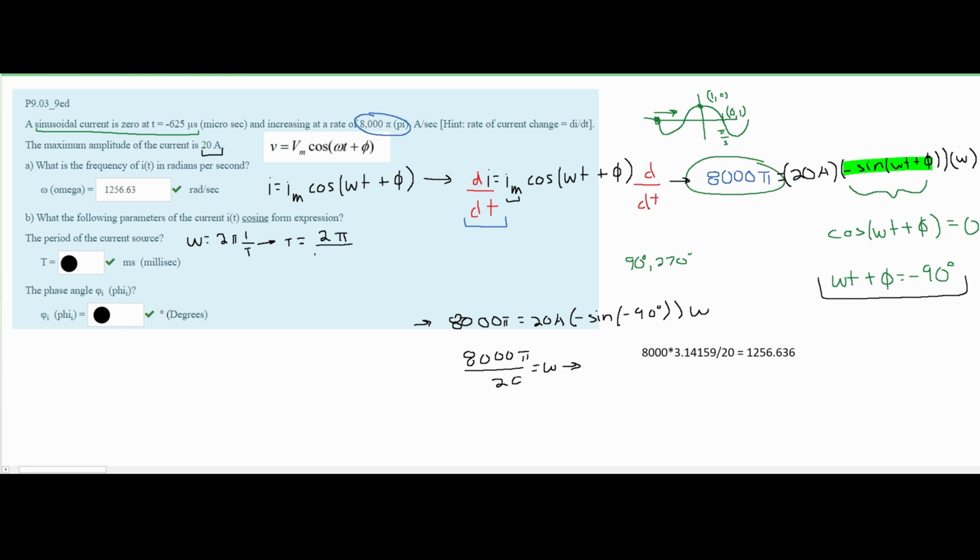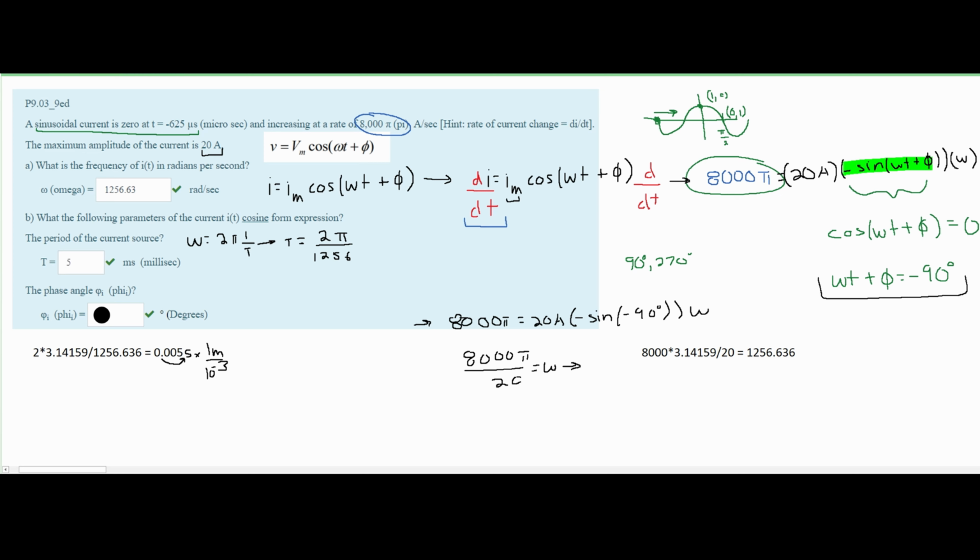We recently found our omega to be approximately 1,256, and then we're going to get approximately 0.005 from this, and this will be in seconds. Period is measured in seconds. We want this in milliseconds, so we're multiplying this by 1 milli over 10 to the negative 3. If we flip our 10 to the negative 3 over, it's just going to be 10 to the 3. So we move this 3 decimal places to the right, and we get approximately 5 milliseconds. So that is the answer for here.